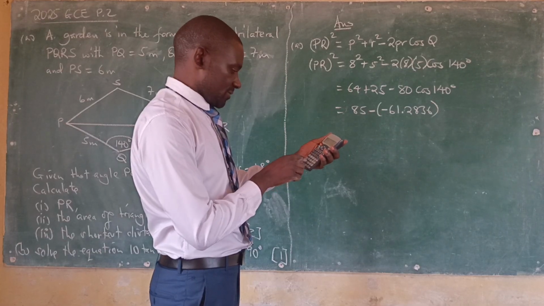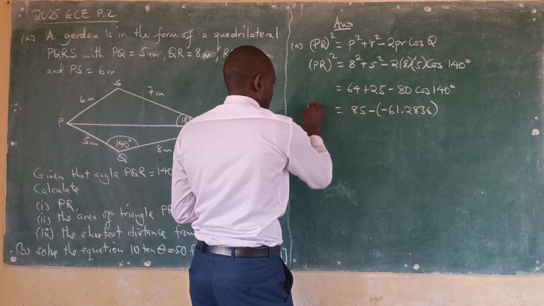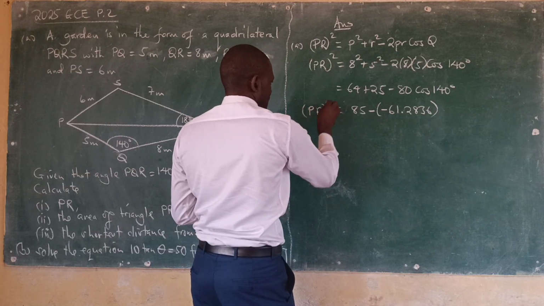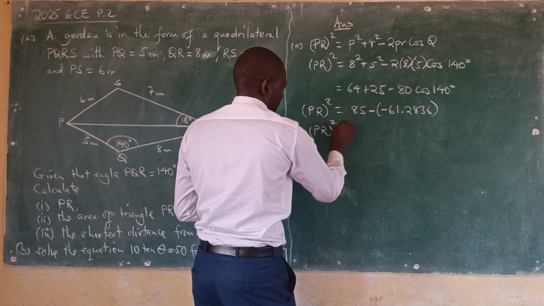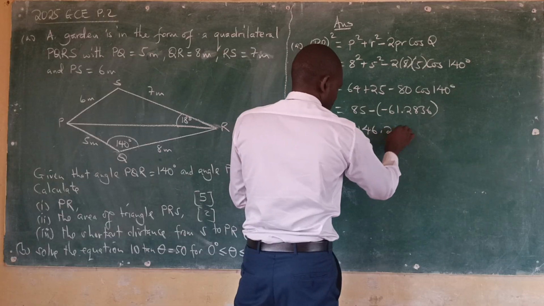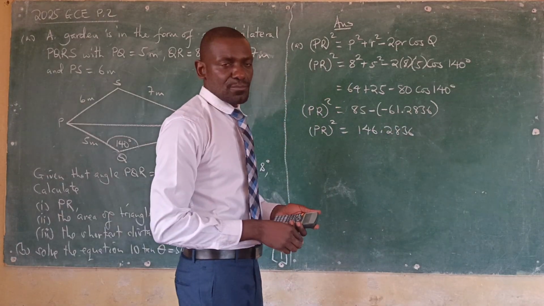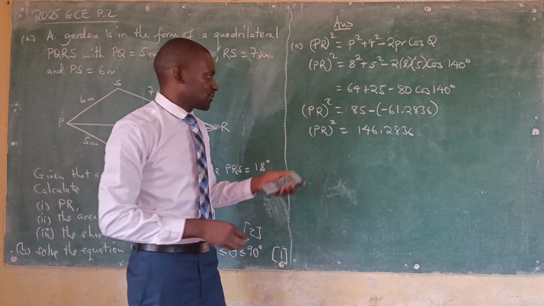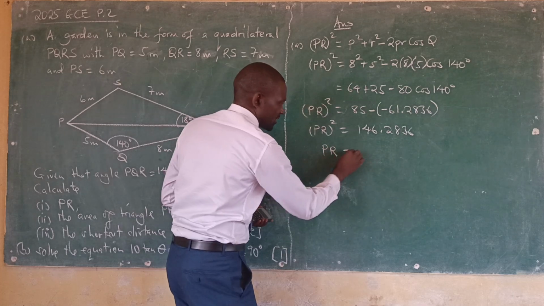When we add with 85, it's simply, this is PR squared. It's simply giving us 146.2836. So to get the value for PR, we are going to find the square root. When you take the square root, we have just PR here.